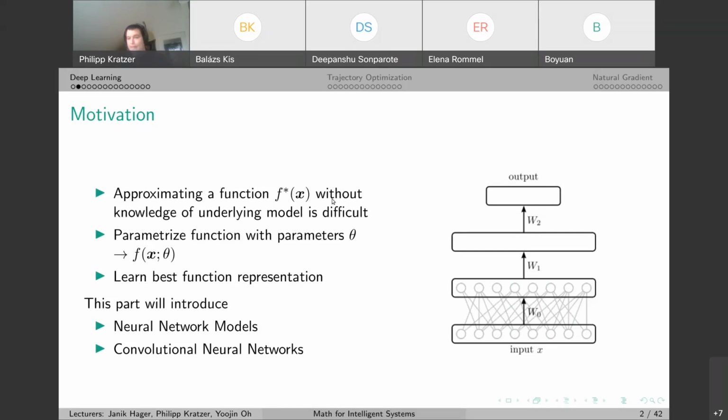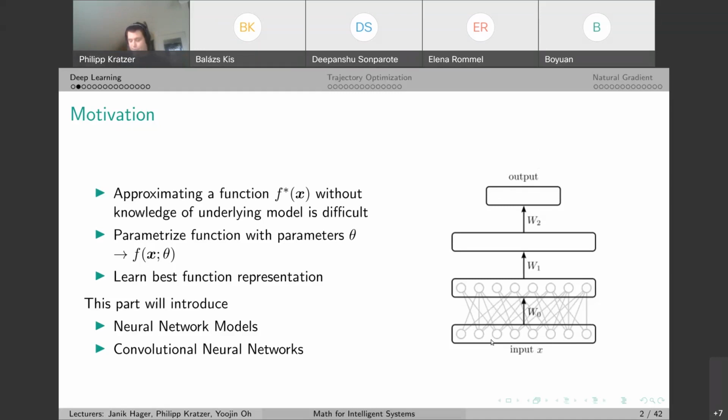What we will focus on here in this small introduction is supervised learning. So we assume we have a data set where we have some example data points of what the outcome should be. We have multiple examples of inputs x and corresponding outputs, and we want to learn the mapping.